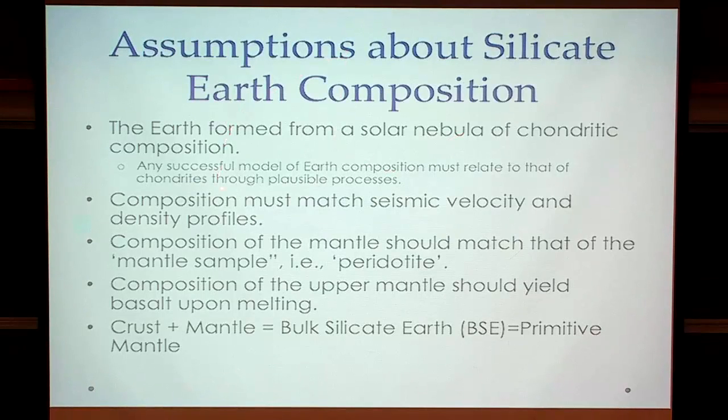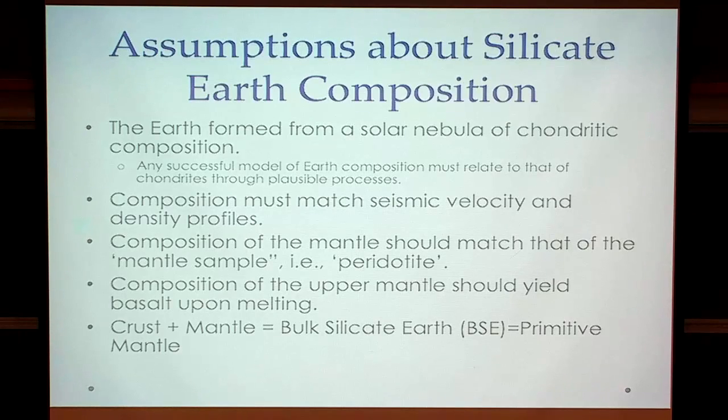First, the idea that the Earth did indeed form from a solar nebula of chondritic composition. But again, chondrites vary in composition. The nebula apparently wasn't homogeneous. So this gives us a little flexibility, but nevertheless, the Earth formed from this solar nebula, and any successful model of the Earth's composition must somehow relate to chondrites through some plausible processes.